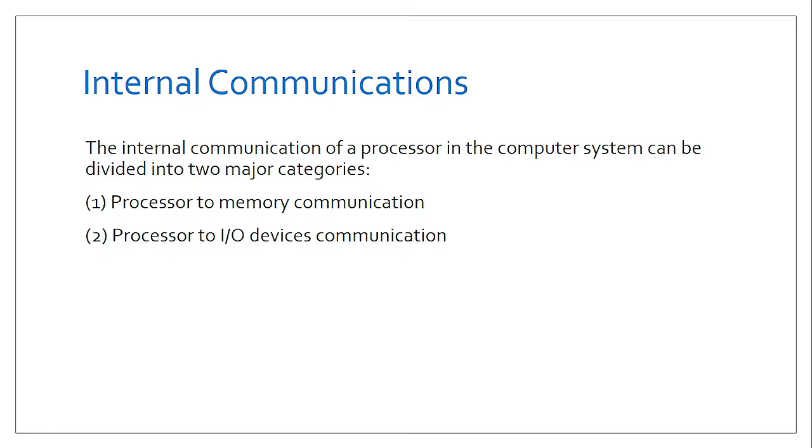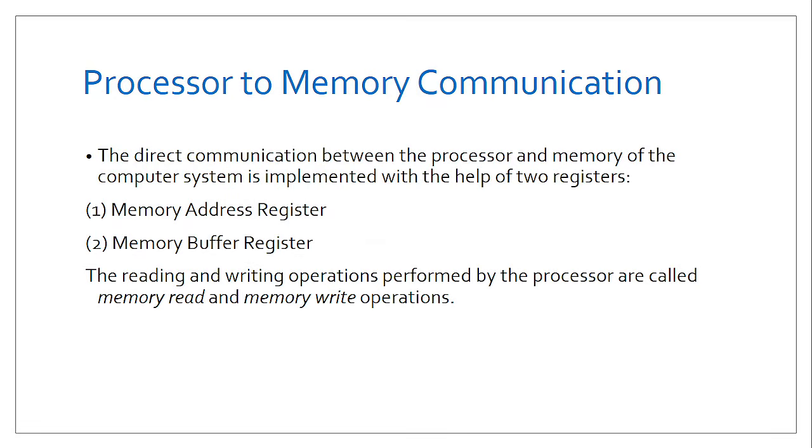We have 2 major categories of communication. The first is the communication between the processor and the memory, where the processor fetches instructions from the memory. We also have the processor communicating with the input and output devices. These are the 2 major communications that we need to understand.